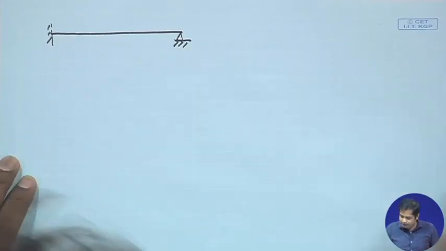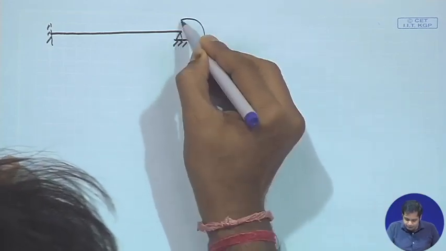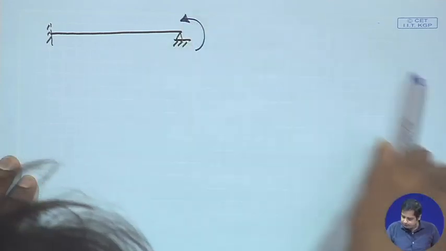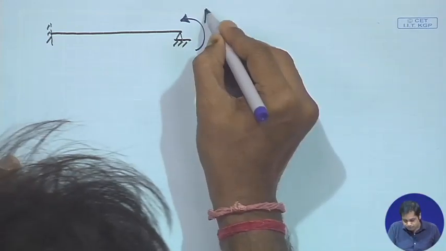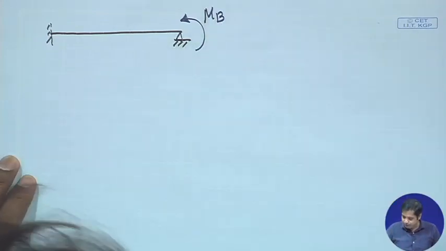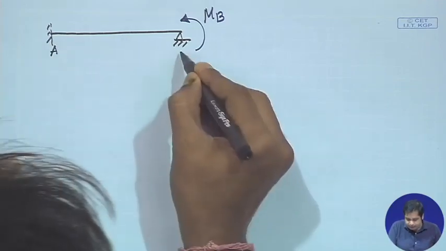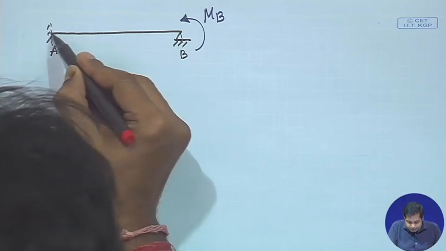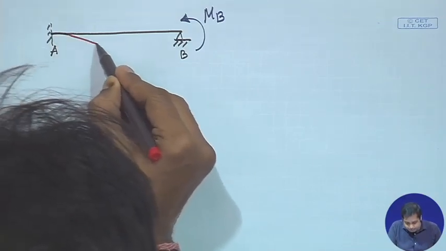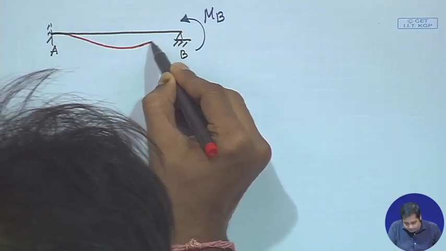Now, one moment is applied here, say it is MB, because it is applied at B. This is end A, this is end B. Now, the corresponding rotation is this.